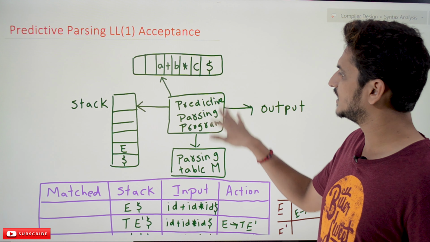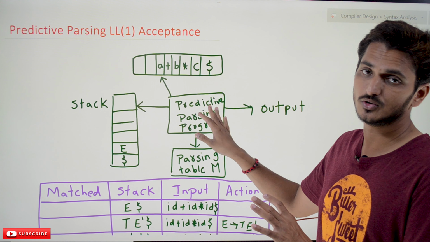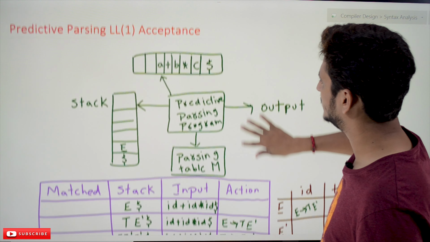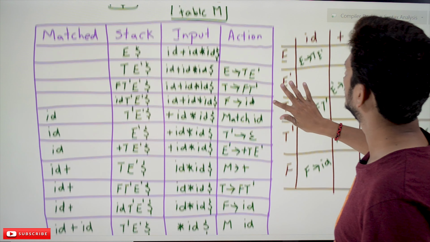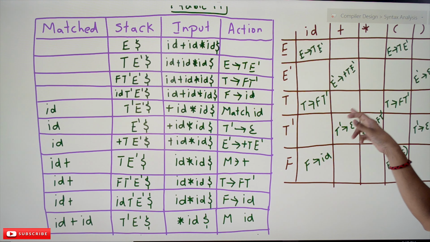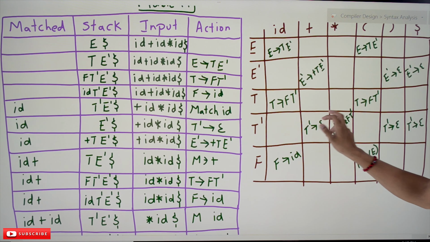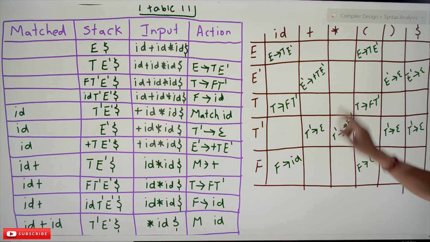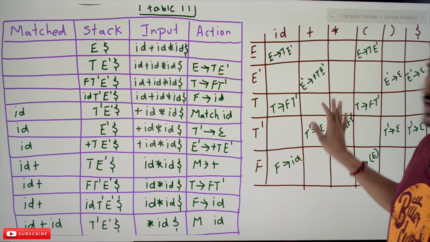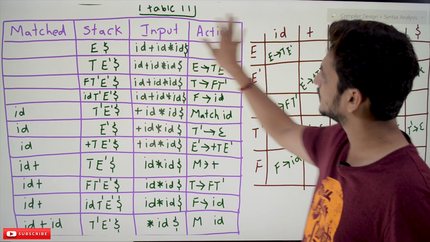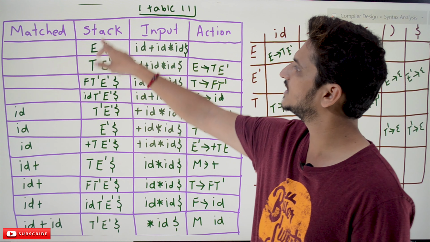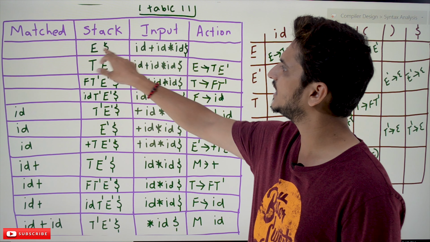Now the program will take care of the steps it is going to do. Let's try to understand with an example. This is the table which we constructed in our last class, hoping that you already know this table. Our program starts like this. Initially on the stack we have E dollar symbol.